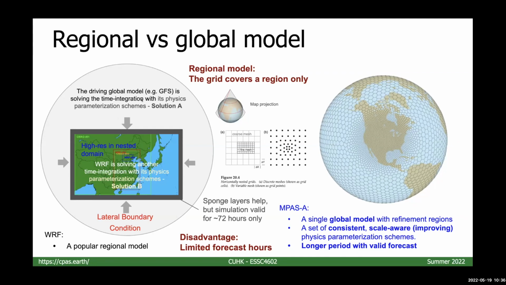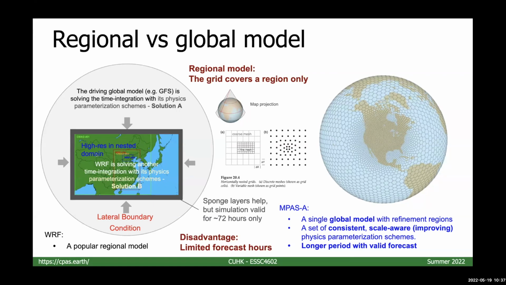And also in its choice of physics parameterization schemes, the choices may favor some schemes that are good at parameterizing long length scale physical phenomena. So it has its own solution of the atmospheric state. We call it solution A.